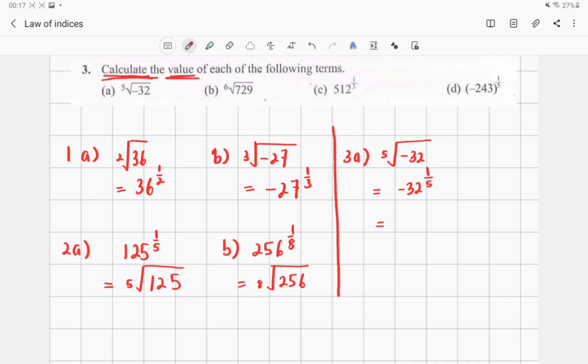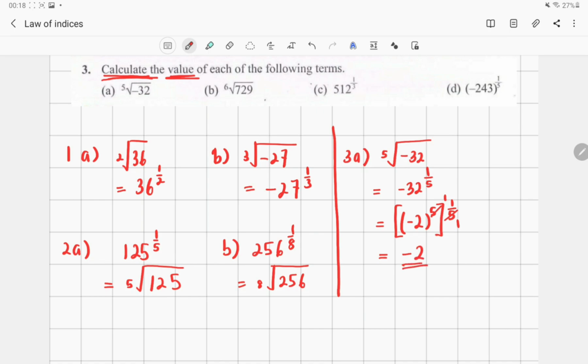You have to think what is the root of negative 32. So here it is negative 2 to the power of 5, to the power of 1 over 5. So this one we can simplify. So the answer is negative 2.